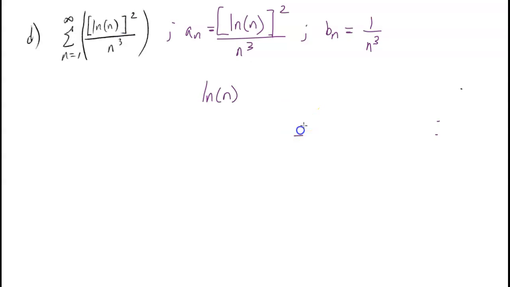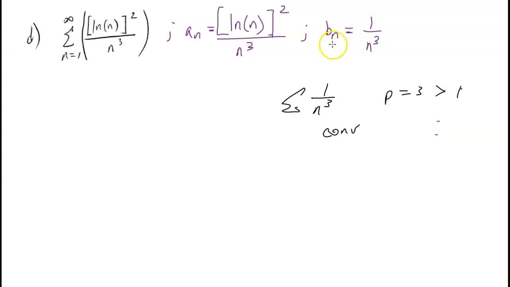Okay. Now, quick analysis of that will let you know that, nope, this is not going to work well for us. Because if I look at this particular series here, this looks like a p series where p is equal to 3, which is greater than 1. So what that means is that this series will converge.